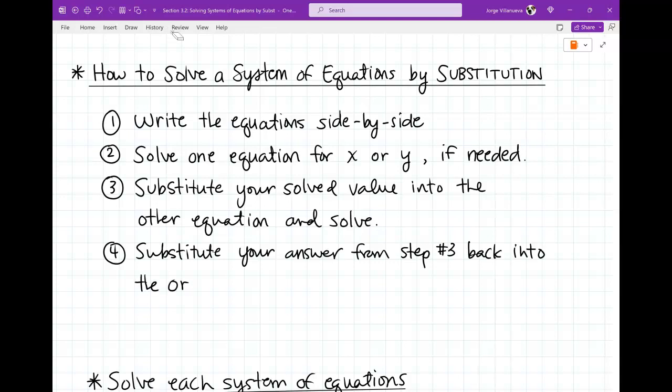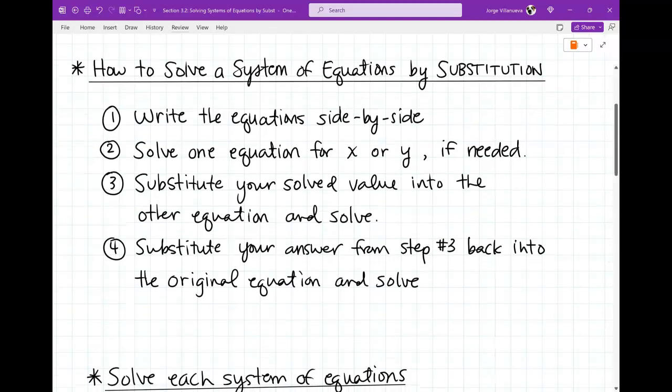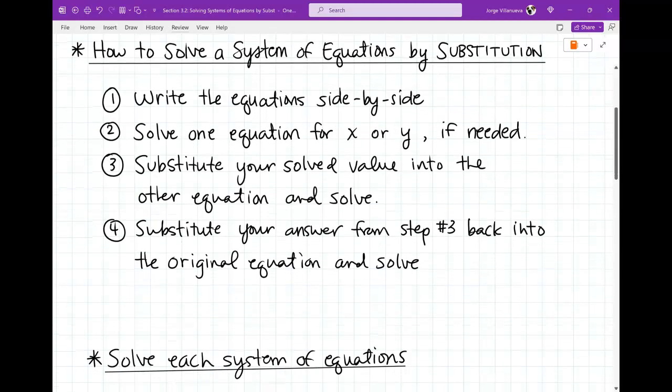And solve. Okay, and 5th step, write your answer as a point.